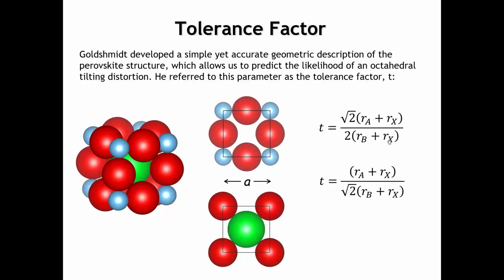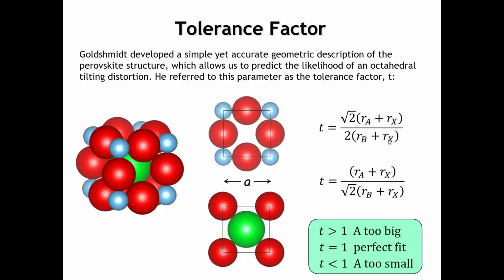Now, if we choose just the right cations, so the numerator and the denominator are equal, that means everything fits together just right, then the tolerance factor would be 1. That, we would say, is a perfect fit.